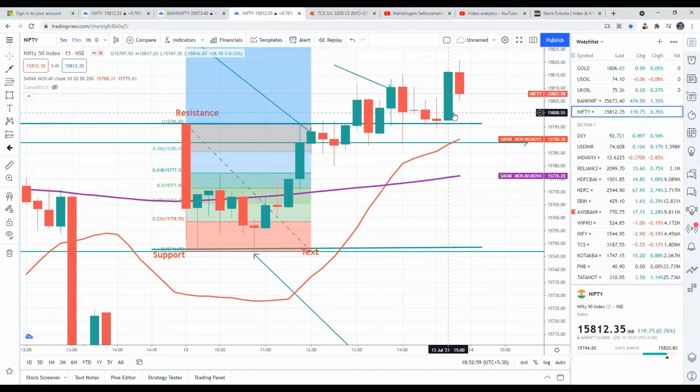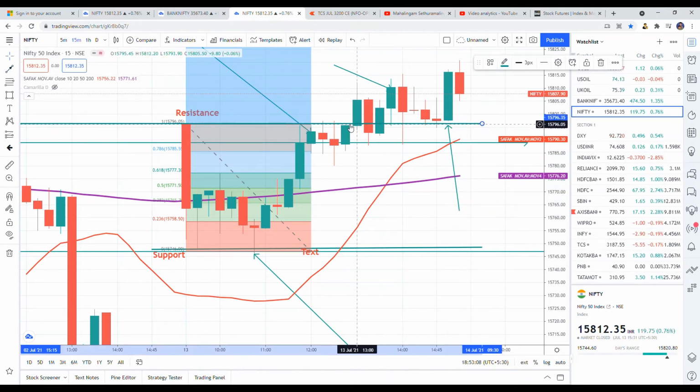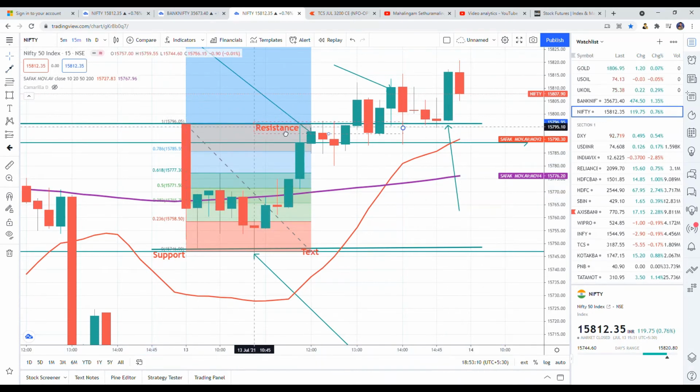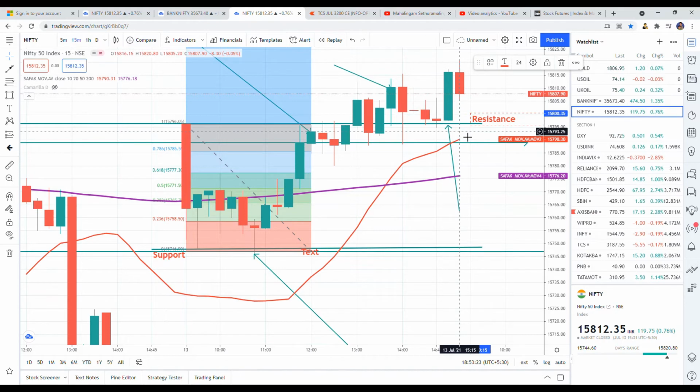Then the responsive buyers come into action at this initial 30 minutes trade high. You marked here the initial 30 minutes trade high. That is what I would like to suggest to traders: do not put your order entry at 9:15 to 9:45. You have to watch the initial 30 minutes of trade and how the market is reacting.